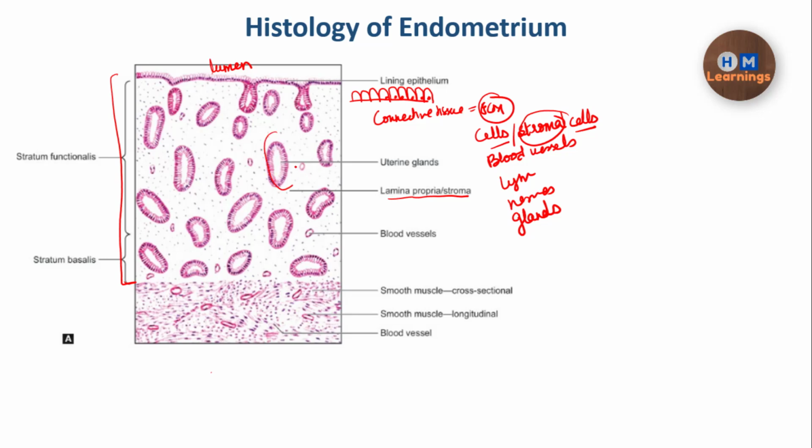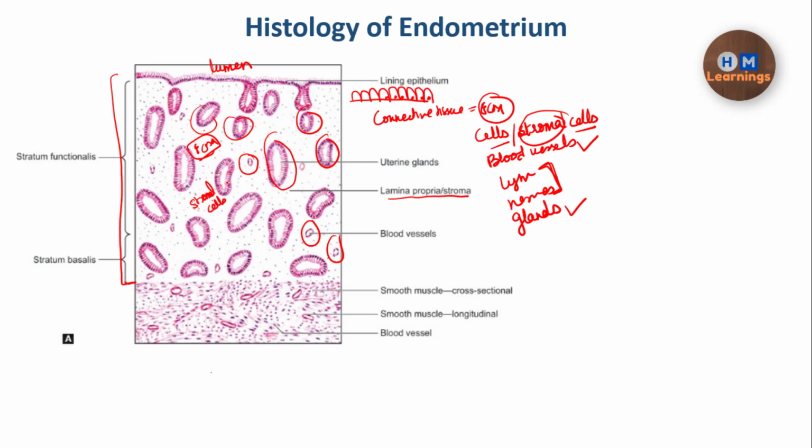These are showing you the uterine glands in the connective tissue. These small structures are the blood vessels. In between you can say this is the extracellular matrix, a kind of ground substance, and these dotted cells you may say are the stromal cells.